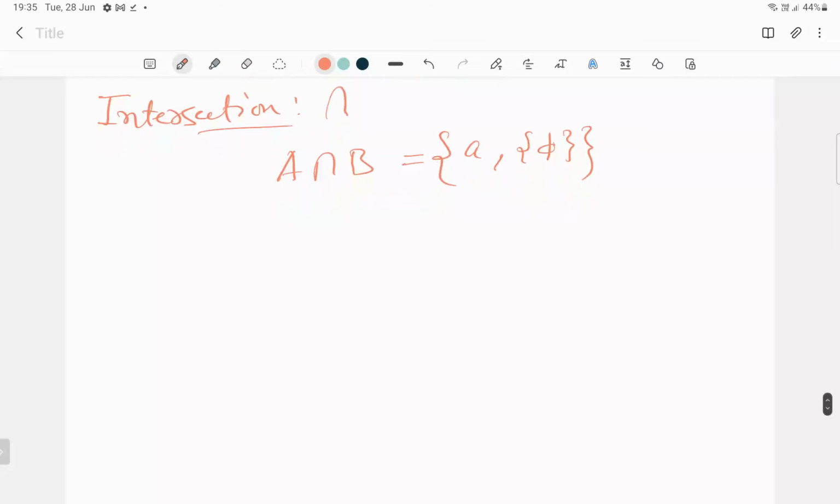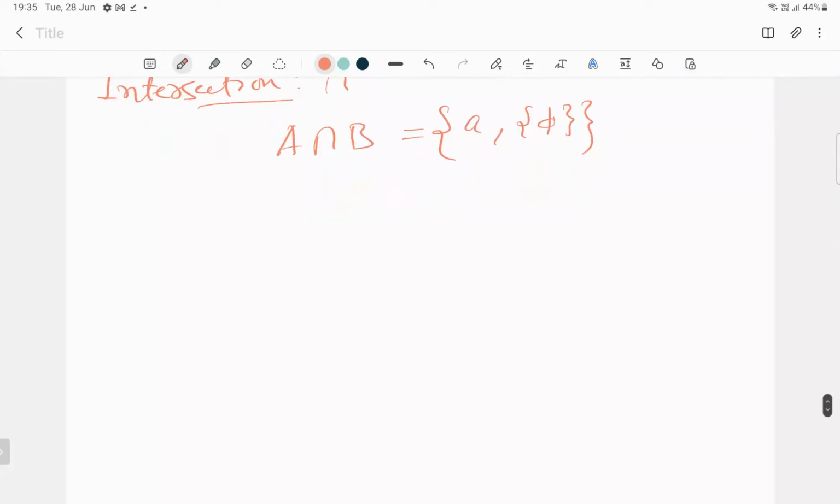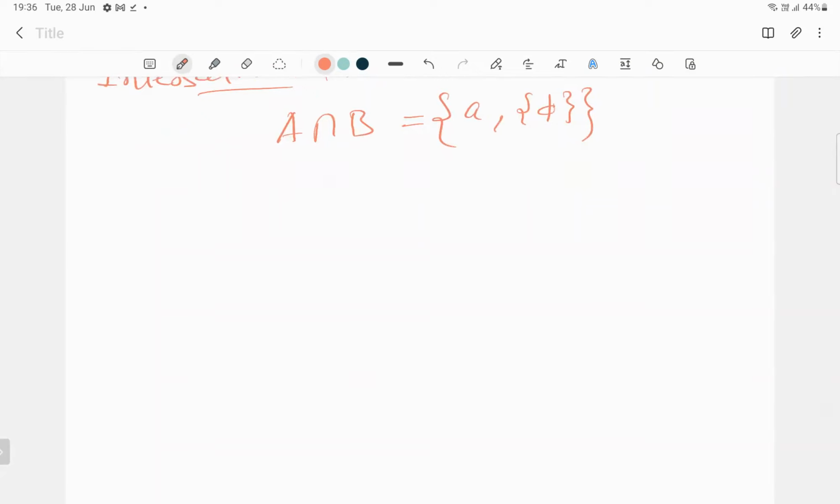Intersection you understood. Individually, right now we are understanding all the terms, and we will use all of them for operations. These, union and intersection, are all operators which we will use for operations.